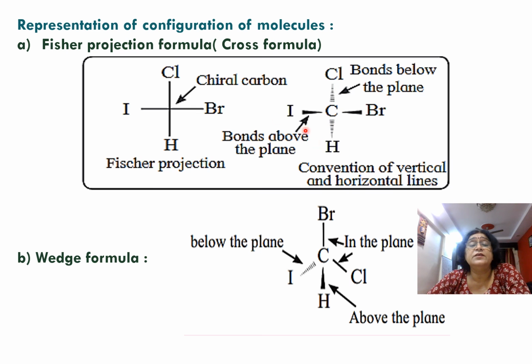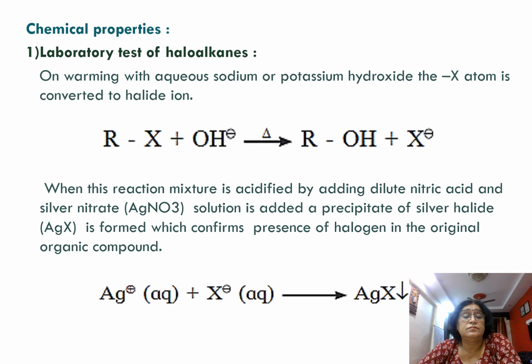So below the plane is represented by the vertical line, and above the plane is represented by the horizontal line. So that's how you will convert the wedge formula to the Fischer projection formula. The cross formula is known as the Fischer projection formula.